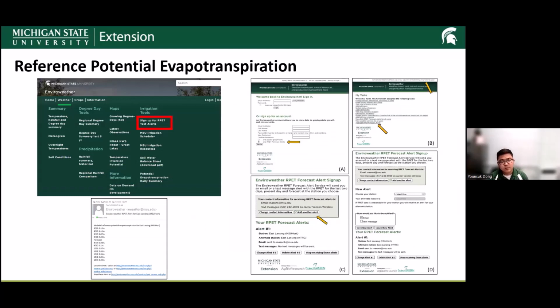One of the tools that Lyndon and I use is the sign-up for RPT text alerts. You can sign up with your phone number or email address and select the weather station you're interested in.